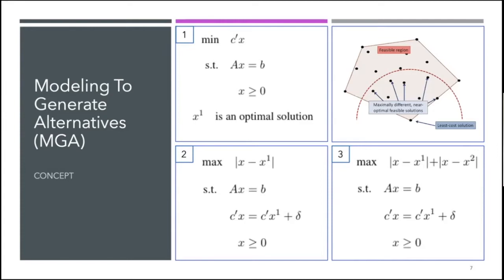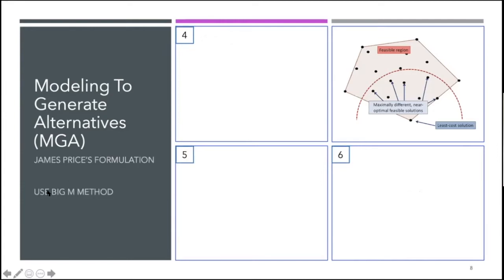Right? So first we'll go through a formulation given by James Price. This formulation gives an exact solution for finding maximally different solution portfolios, or technology or solution options.